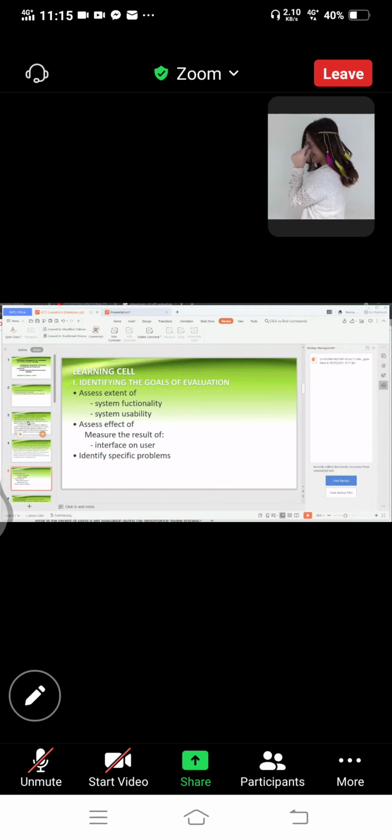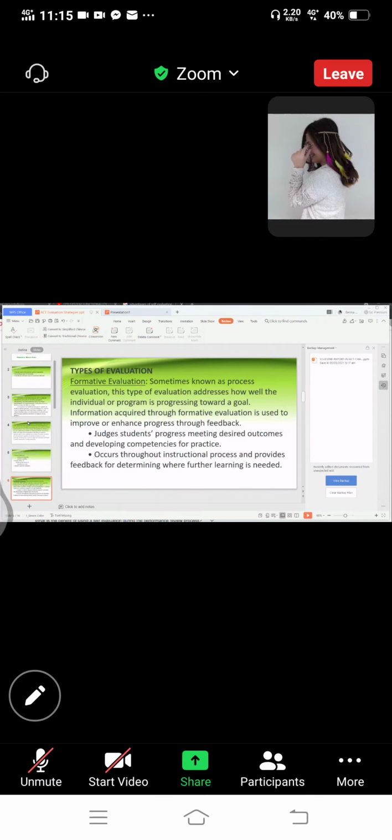Second is to assess the effect or measure or result of interface on user. Ibig sabihin yung impact niya or yung link or connection niya. And third is to identify specific problems so that we can modify or change teaching strategies if needed.